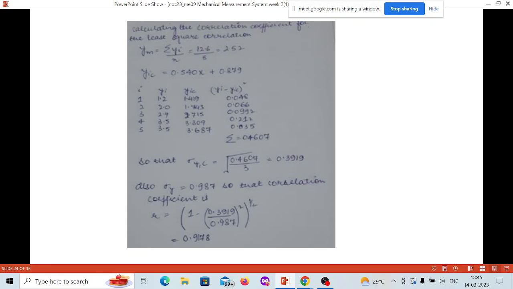We know sigma yx and sigma y, so we substitute that: 1 minus 0.3919 divided by 0.987, the whole square, and the square root of that. We'll have r as 0.9178. So we can say it's close to 0.91. So it's a fairly good fit. Not that great, but we can go with a different relation to have a better fit.